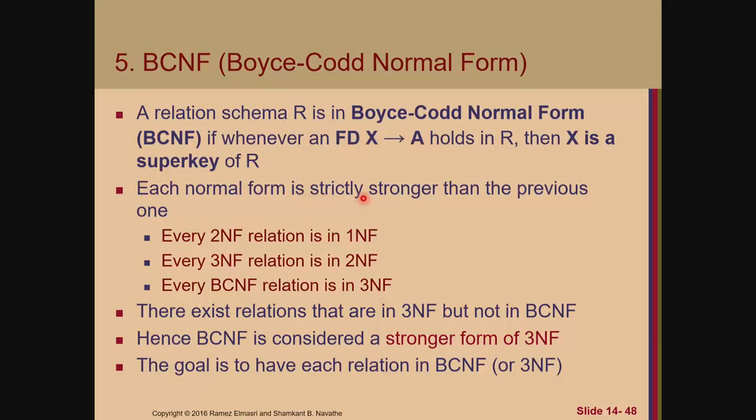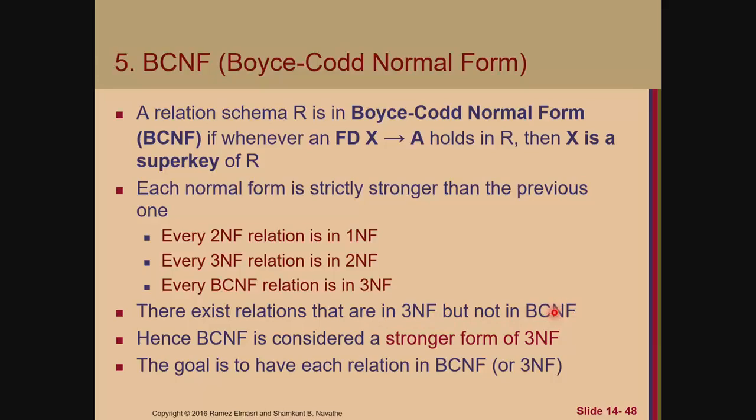Each normal form is strictly stronger than the previous one. Every second normal form relation is in first normal form. Every third normal form relation is in second. Every Boyce-Codd relation is in third normal form. So there are relations that are third normal form but not Boyce-Codd normal form.